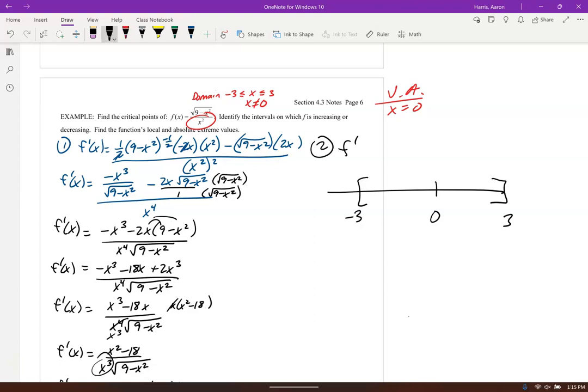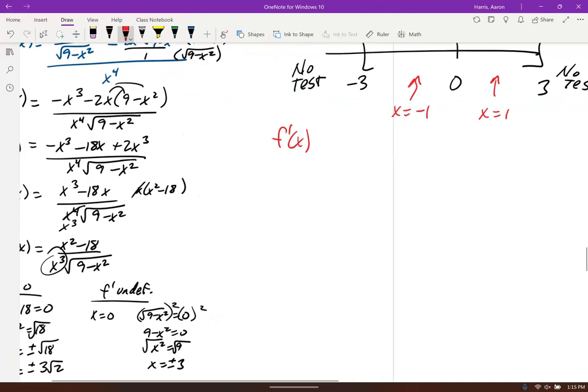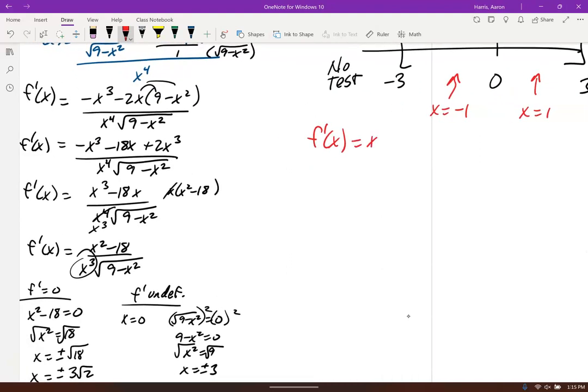And then, like I said, no test out here. I'm not in my domain. No test out here either. So I'm just testing to the left of 0, like maybe negative 1, and over here, like maybe 1. Okay. I'm going to put that into my derivative. So here's my derivative. We got f prime of x equals x squared minus 18 over x cubed square root of 9 minus x squared.